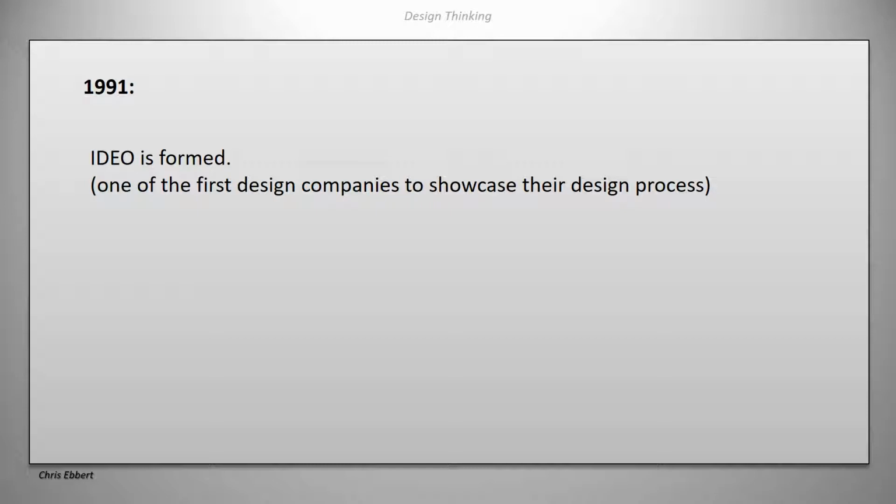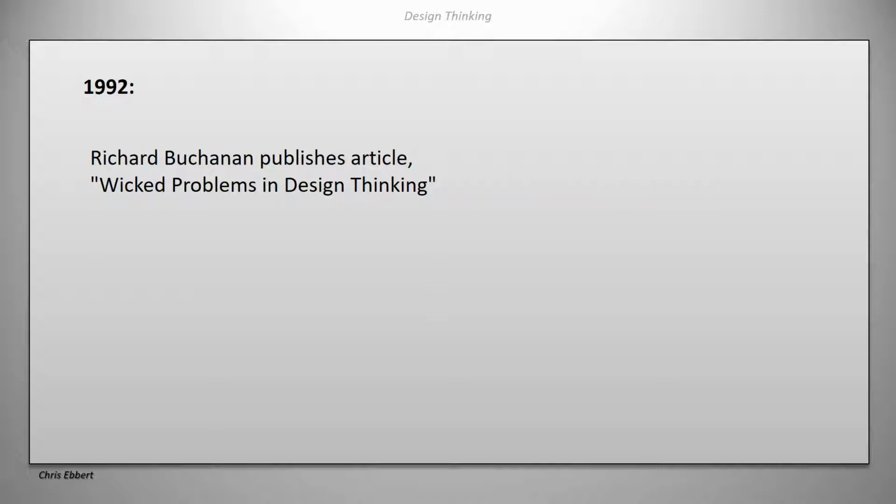In 1991, the company IDEO was formed. They're a very important company in this whole design thinking racket. And Richard Buchanan published that article on wicked problems that we've seen before.